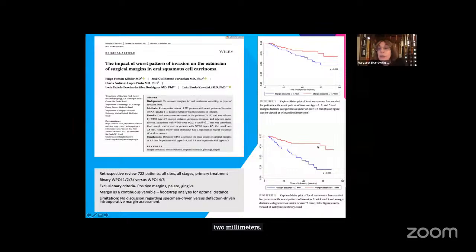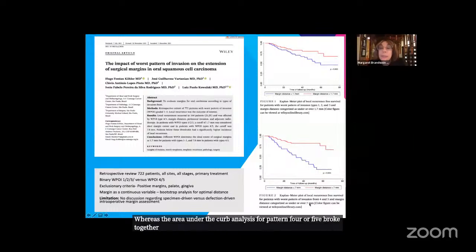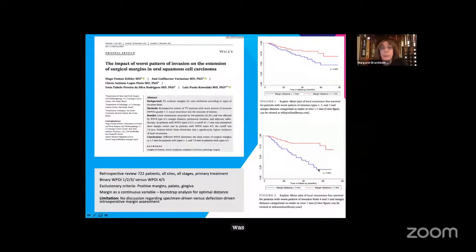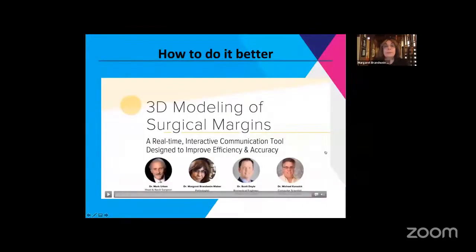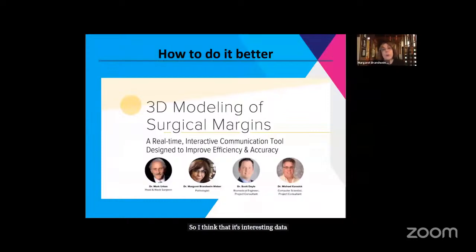Whereas the area under the curve analysis for pattern 4, 5 grouped together was 7 millimeters. So I think that it's interesting data, and it shows us really where we need to go in terms of optimizing margin distance.